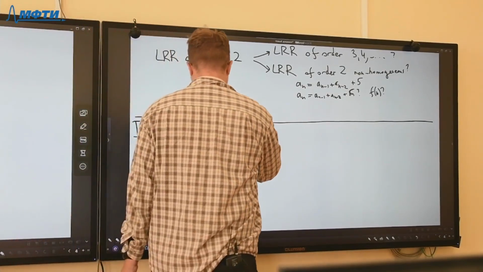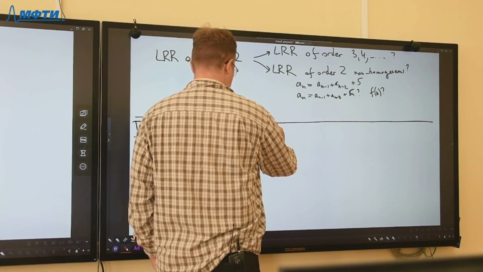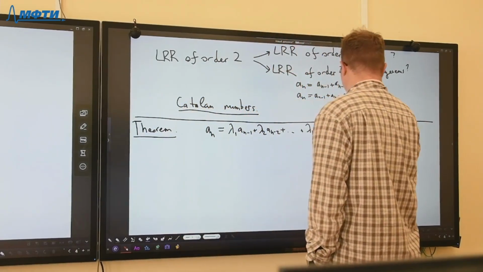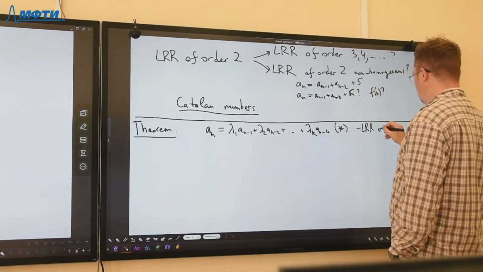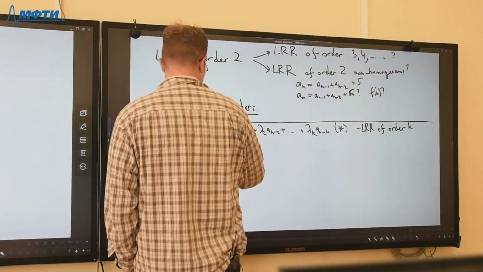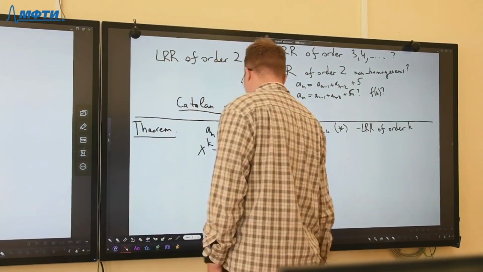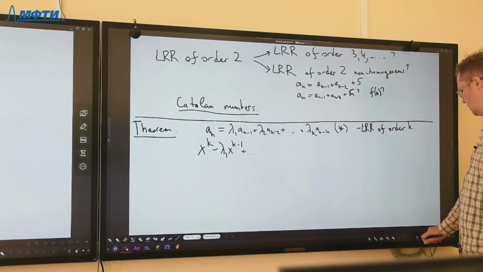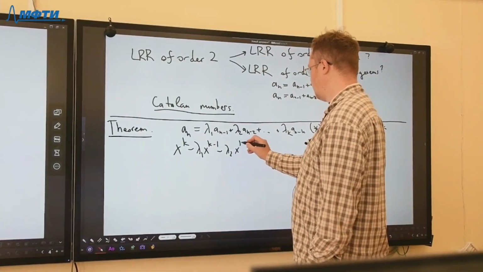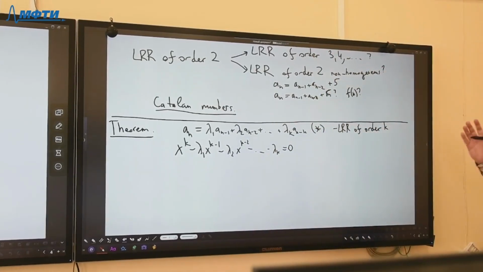So if we have this recurrence relation, we can find the characteristic polynomial, which is x to the k power minus lambda 1 x to the k minus 1 power minus lambda 2 x to the k minus 2 power, and so on. And we find all the roots of this polynomial.